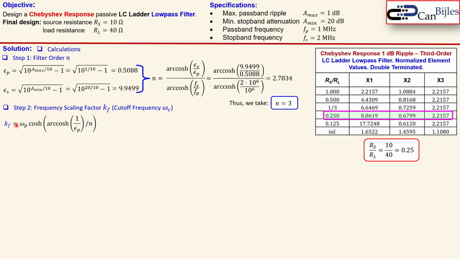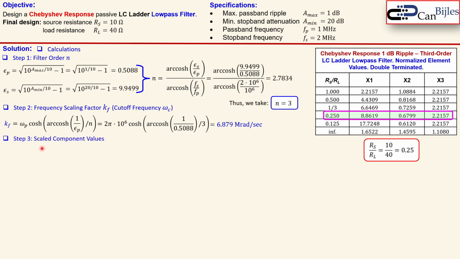So we just substitute here 2 pi times fp and also n, which is 3, and also epsilon p. So we do that, and what you have is then the value of 6.879 mega radians per second. Now this is what we need to use as the scaling factor for the frequency.